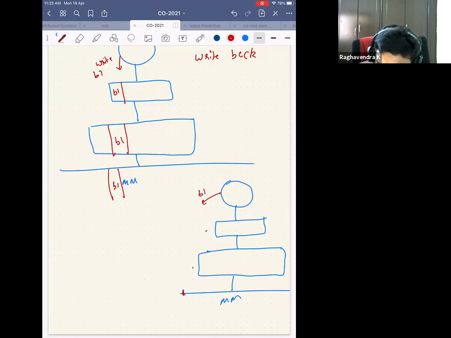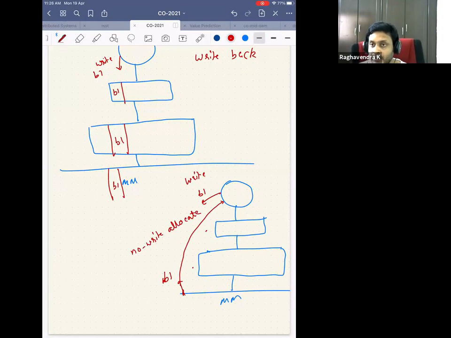When you bring the block B1, this is for a write, you can actually give it to the CPU directly. This policy is called no write allocate, which means that I don't allocate the block in the cache when there's a write generated.